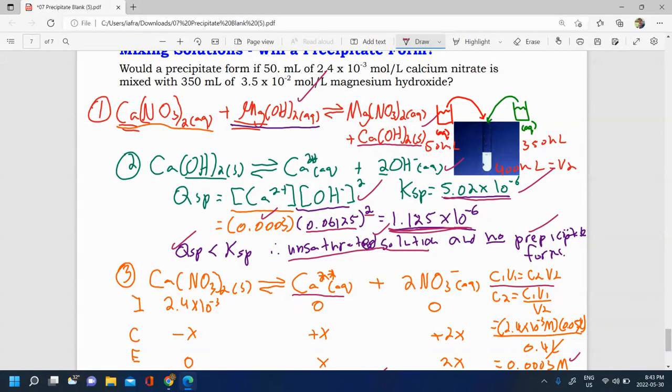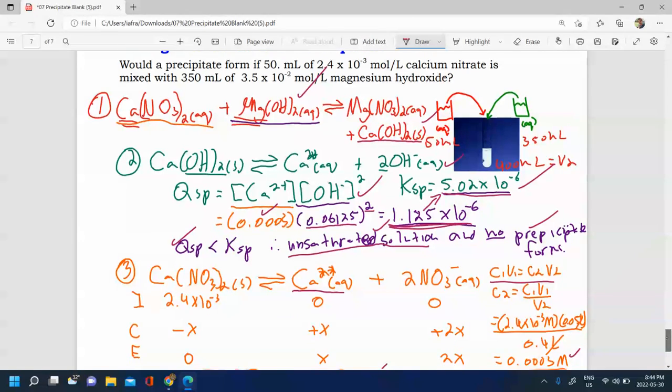You need a little bit more of one, the other, or both to get you to this mark over there. If this was a lower solubility, so you had, let's say, 10 to the power of negative 7, then you would have precipitation, for example.